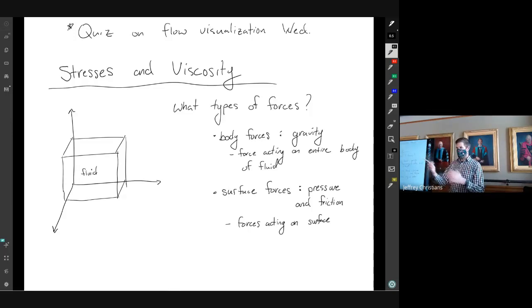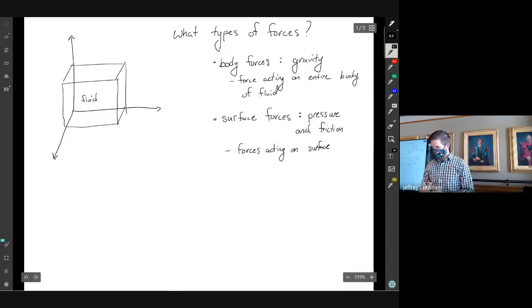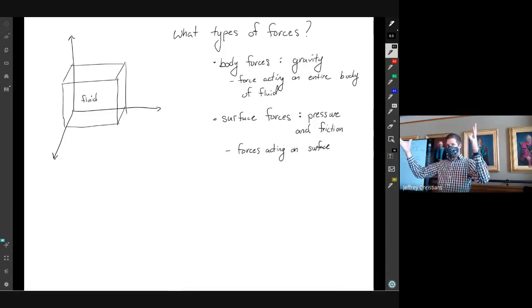Okay, so because of some of the other classes that you've taken, you've already made the leap to what this does to the surface. It creates some sort of stress, like a compressive stress or a shear stress. So the surface forces, body forces are going to act equally everywhere. Surface forces are going to be pushing on the surface and create some sort of stress.